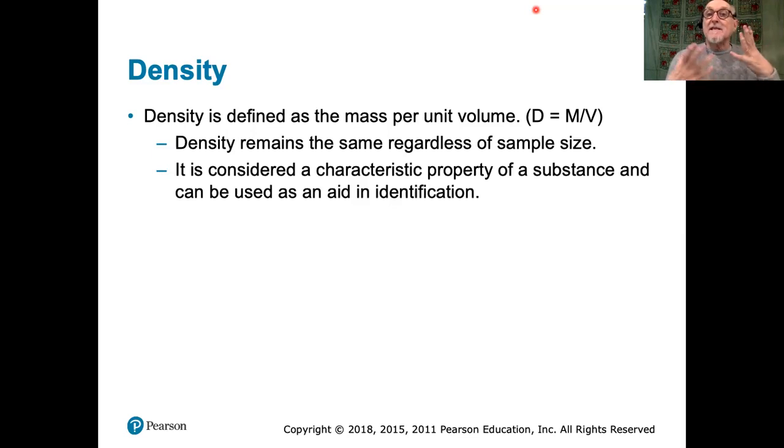So the density of glass is irrespective of the size of the piece that you're looking at. A small fragment has the same density as a large piece recovered. The density is a constant property for that particular piece of glass, and density varies with different types of glass.